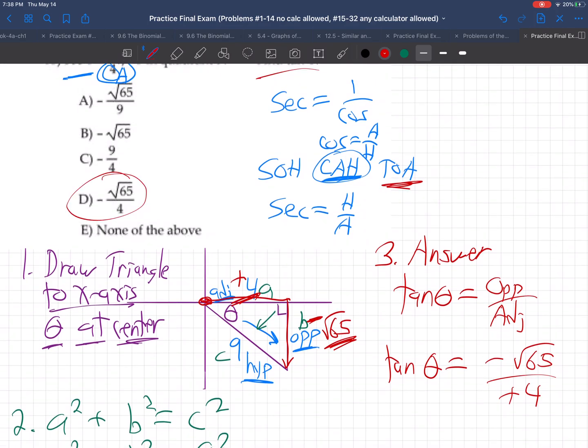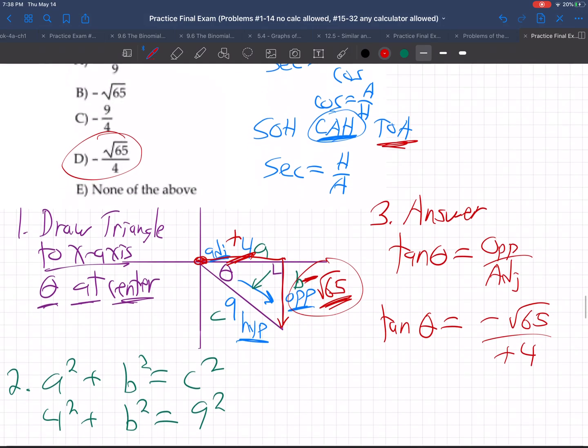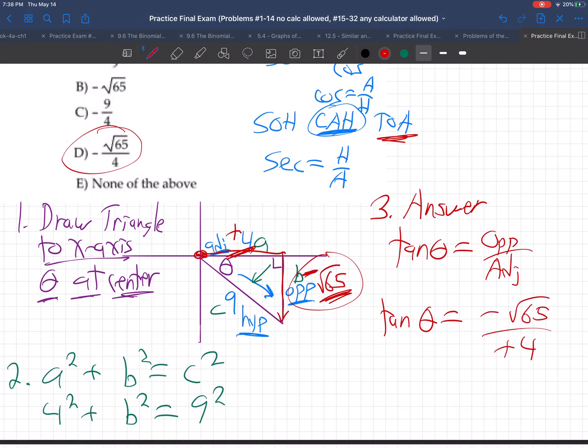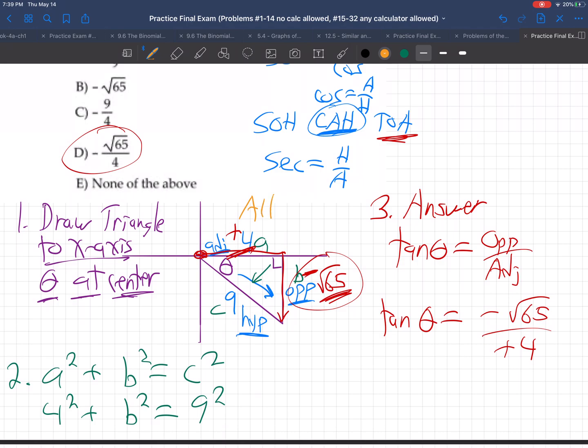And if you forgot your signs, it's easy to forget the signs and accidentally mess up on that. What you can always do is just notice what quadrant you're in. And remember, all students take calculus.